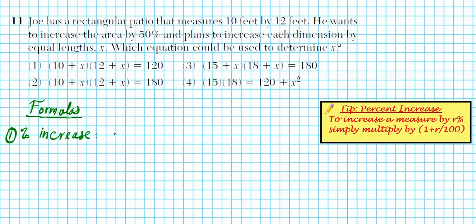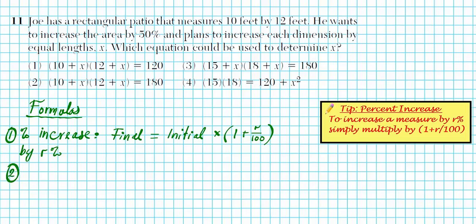In order to get the final value, the final is basically going to be the initial value multiplied by 1 plus R divided by 100. This is percent increase by R%.